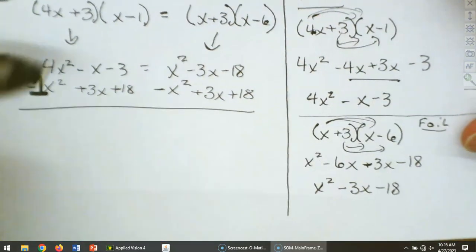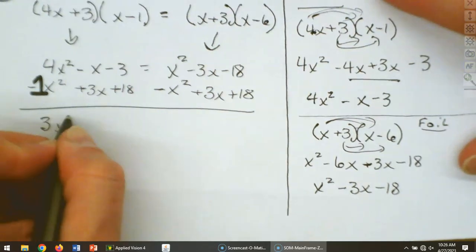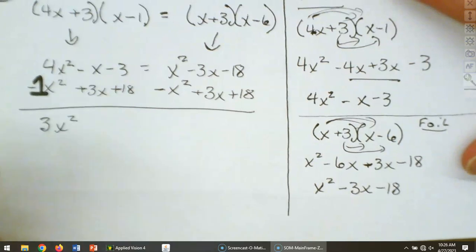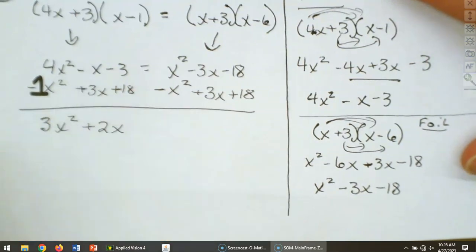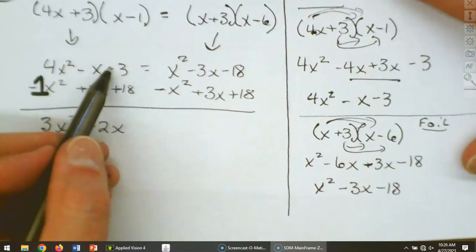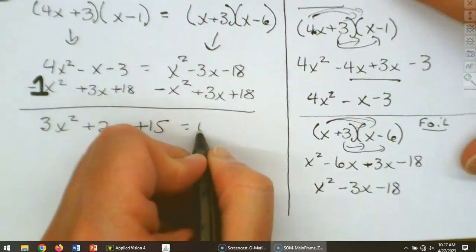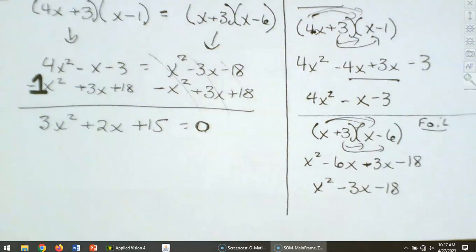We have 4 minus 1, that makes it a 3x squared here. Minus 1 plus 3, that leaves you with a 2x. Minus 3 plus 18, that leaves you with a 15. Everything cancels out on the right. So now equals 0.